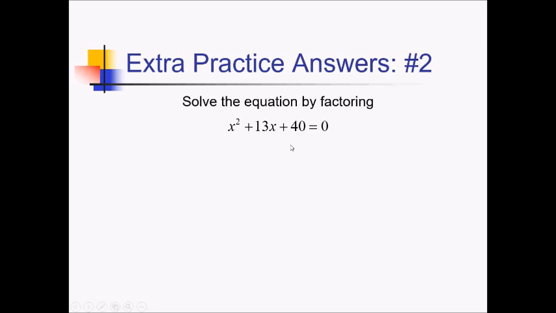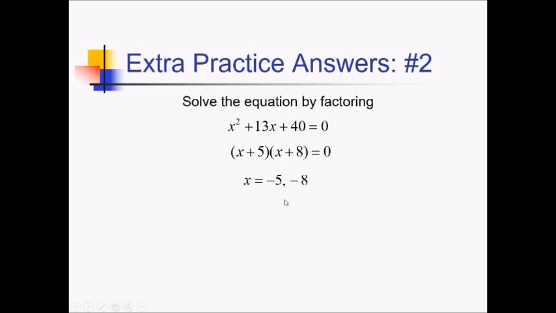If I had 5 and 8, positive 5, positive 8, those add up to 13. So then I can factor this into x plus 5, x plus 8. And now setting each of these equal to 0 and solving, if I have an x value of negative 5 for this first parentheses, or negative 8 for this second parentheses, both of those would zero out a factor and solve my equation.